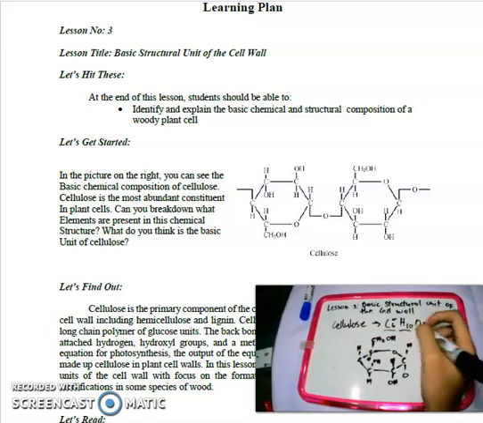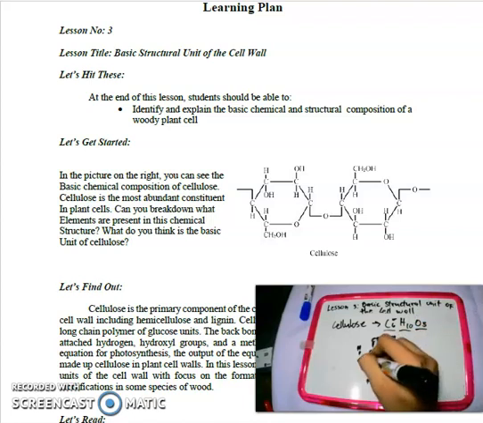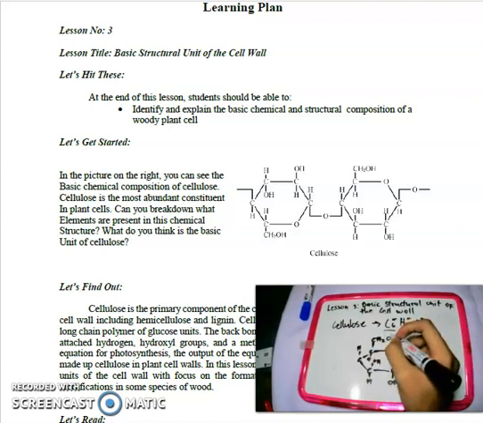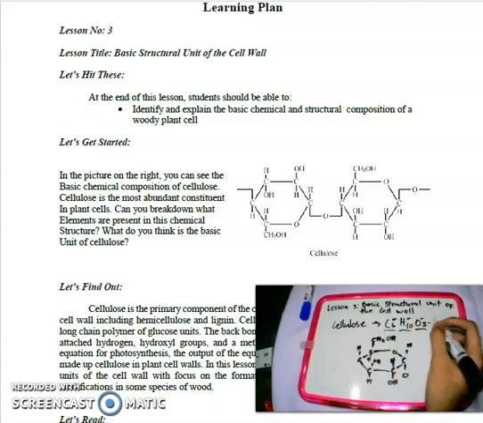So we have 10 hydrogen atoms, 1, 2, 3, 4, 5, 6, 7, 8, 9, 10. We have 10 hydrogen and 5 oxygen atoms, 1, 2, 3, 4, 5. Okay, so that is one component of cellulose.